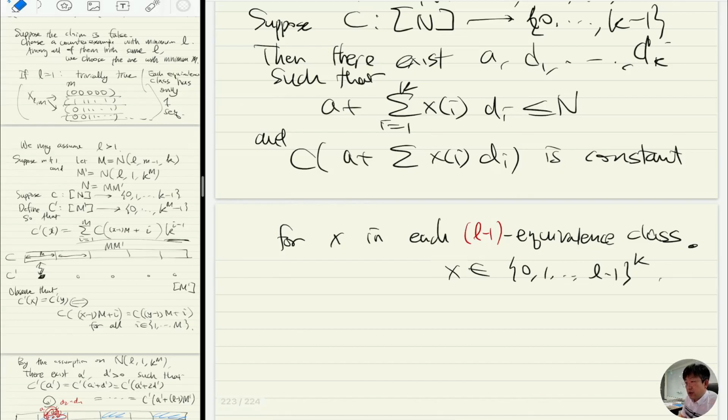Now, what are we going to do? We have A and d1 up to dk, and what we're going to do is find the pair.